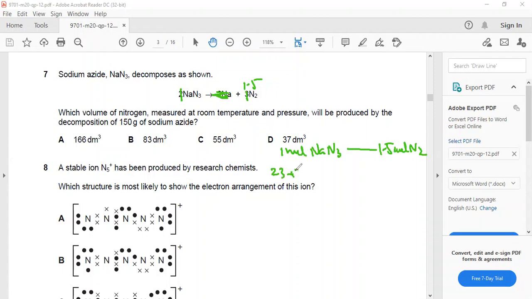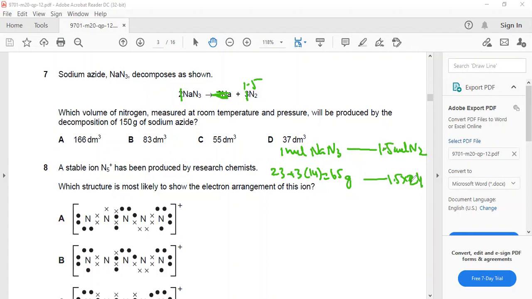23 plus 3 into 14 is 42 plus 23, 65 gram. Convert this into volume because the answer is in volume, in dm cube.